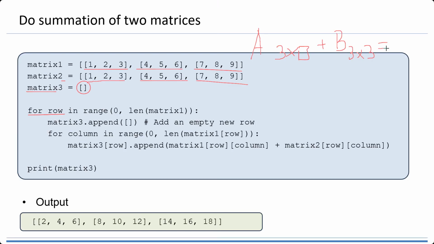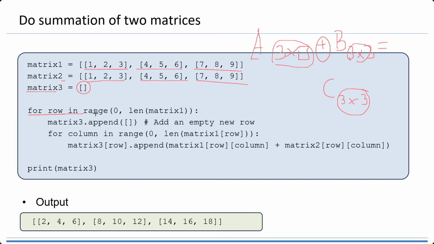Then the summation will be a matrix and the size will be 3 multiplied by 3. The size of the matrix will be the same for the summation process.